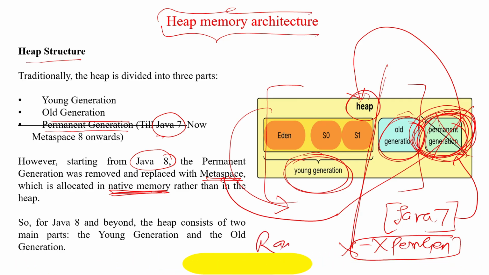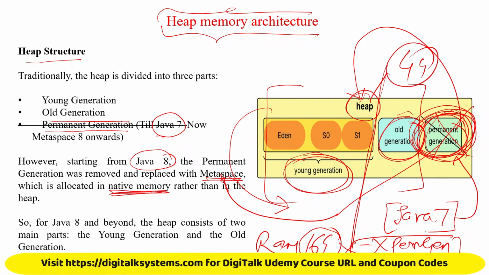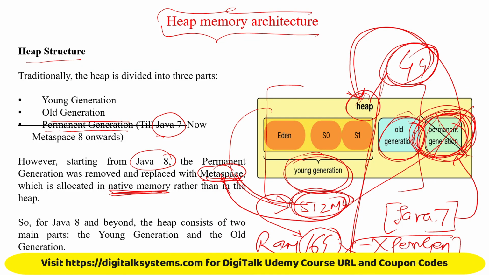For example, if the RAM of your system is 16 GB and your heap size is 4 GB, for the Metaspace you can define some separate space, for example 512 MB. So this 4 GB will be specifically for your heap size, and the 512 MB for Metaspace will be taken from your RAM, not from the heap. This is the difference between permanent generation and Metaspace.